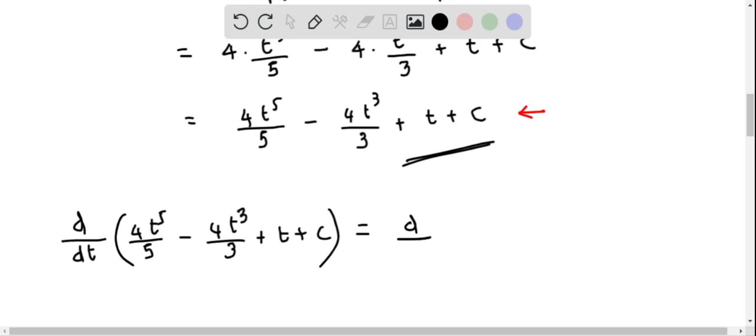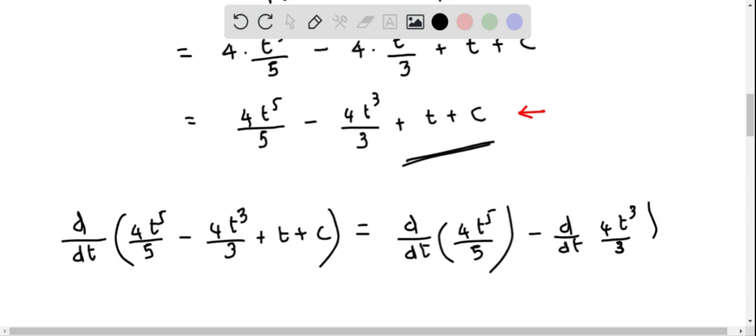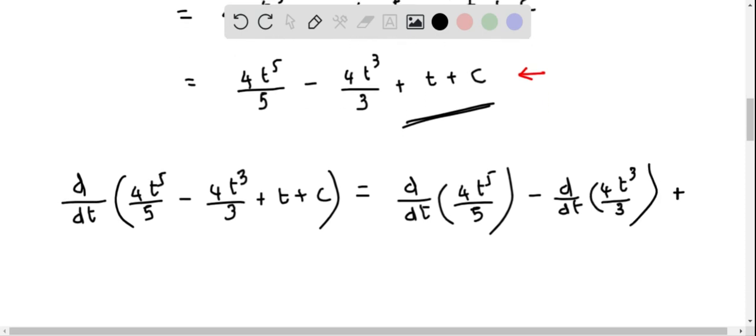That is, I can write this as d by dt of 4t power 5 by 5 minus d by dt of 4t cube by 3 plus differentiation of t plus differentiation of the constant.